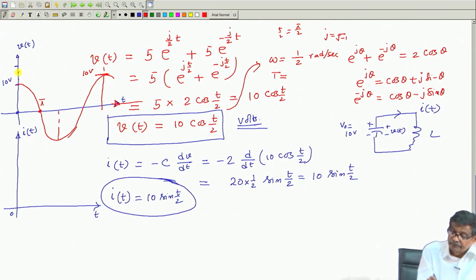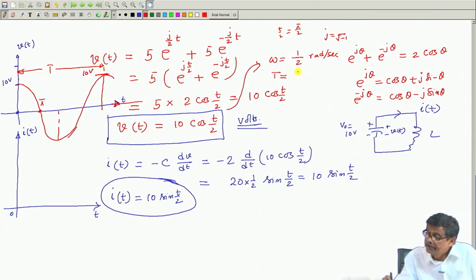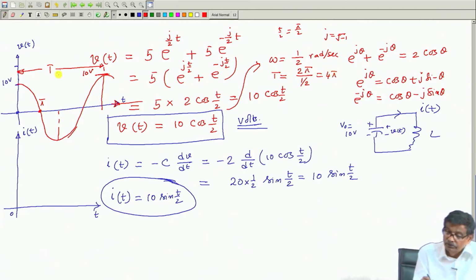Two pi by omega, which is equal to 4 pi in this case. So, this is the time period that I have got.